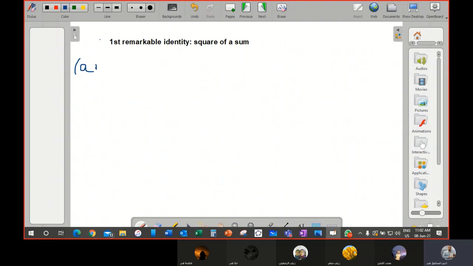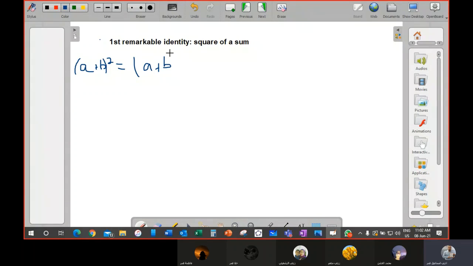A plus B squared, working according to the rule of power 2. This means that any value raised to a power 2 is multiplied by itself. Who can tell me what this equals?